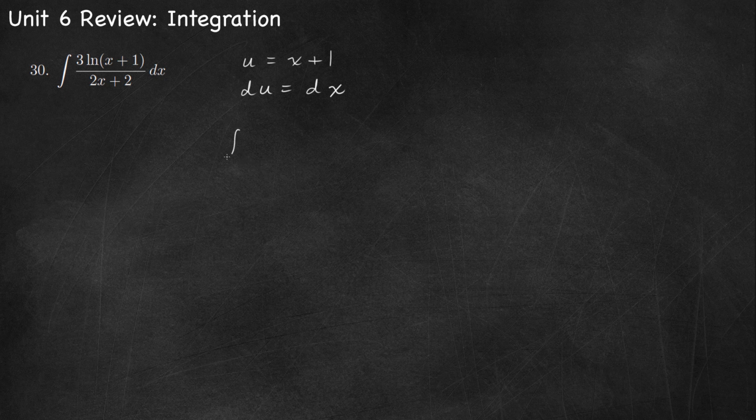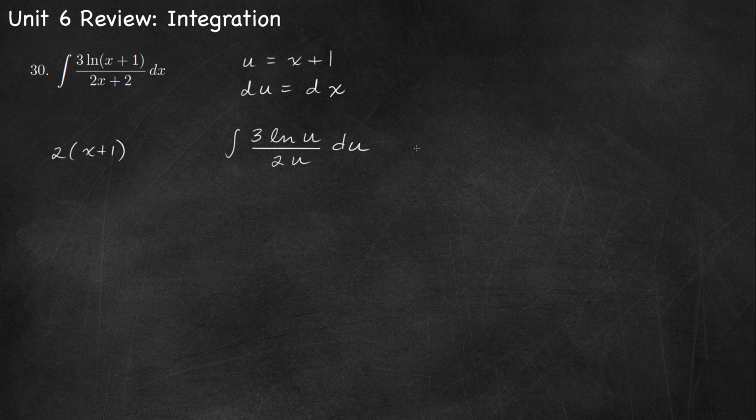So then our integral becomes 3 times the natural log of u over, now 2x plus 2 is the same as 2 times x plus 1, and x plus 1 is u, so we'd have 2u right there. And dx is the same as du for this problem. Not always, just for this problem. Dx equals du. And then now we've got a problem just in terms of u, so that's good. We can try and integrate.